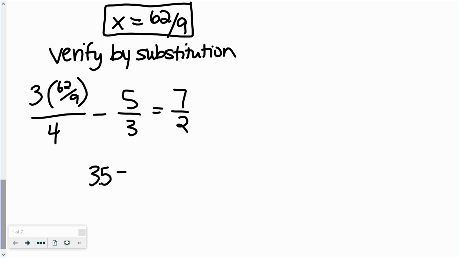And then if I put 7 divided by 2 in my calculator, I get an answer of 3.5 here. So my left side of the equation equals the right-hand side of the equation. So my answer of x equals 62 divided by 9 is correct. So the nice thing is you can verify these because, again, we're looking for the solutions for x that make the left-hand side equal to the right-hand side.